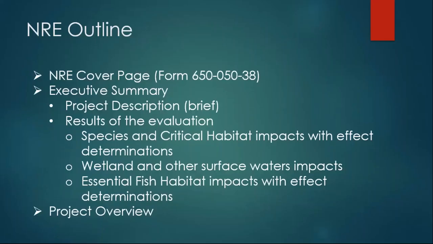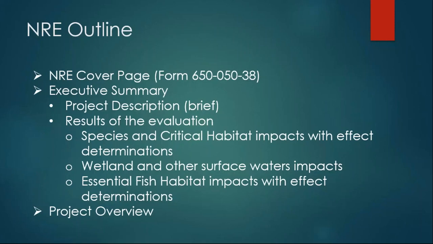All right, so let's talk about what an NRE looks like. Included in the PD&E manual is an NRE outline. We also have a guidance document on how to prepare an NRE. So I'll talk briefly about what is going to be required. First, you're going to have an NRE cover page.